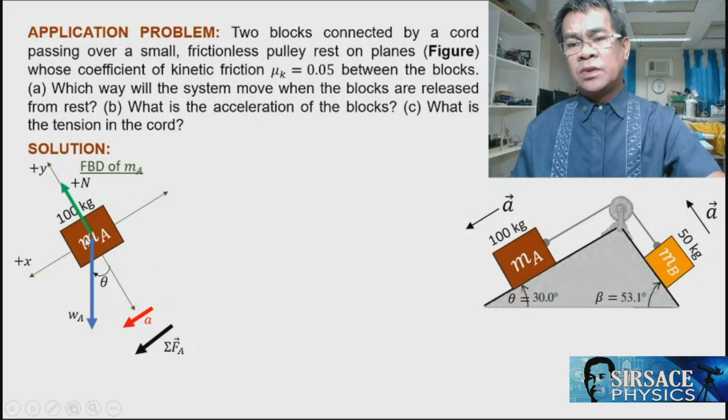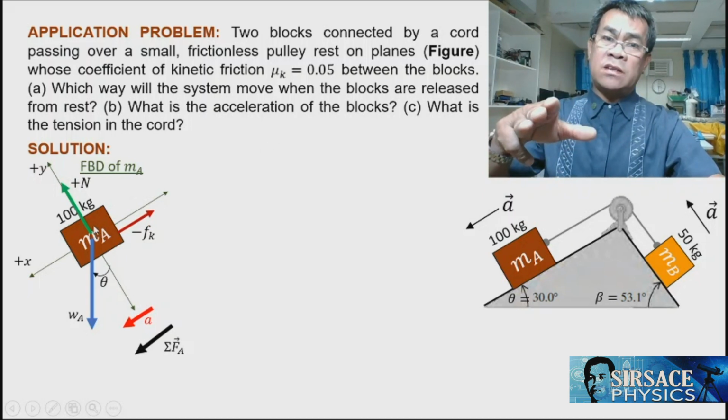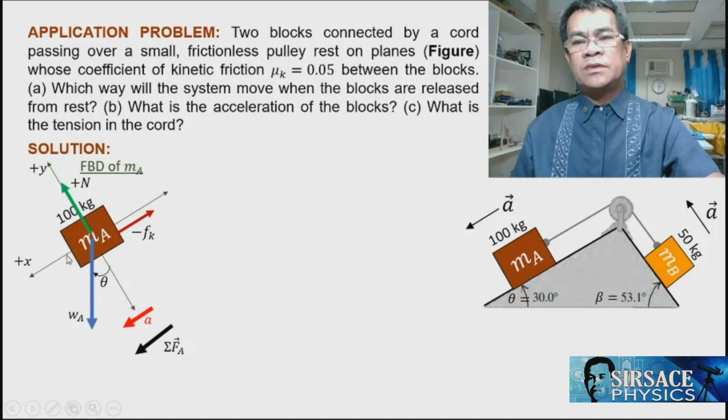Now, since we have the contact, we have the normal, and we also have the friction. Remember, friction is an opposing force. Since we assume that the block tends to move downward, friction should be in the opposite direction. So this should be directed towards the negative x-axis.